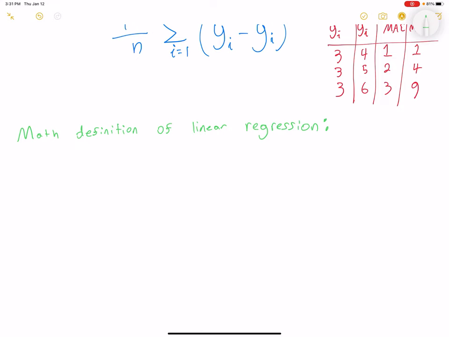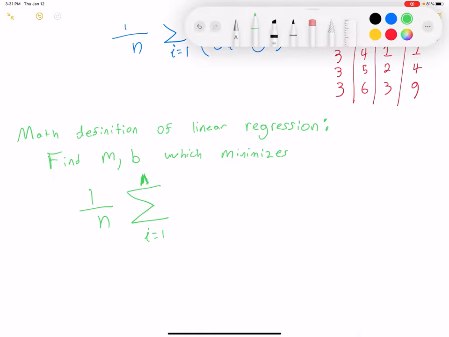So we find, and let's just go back to m and b, the m and the b which minimizes the average. So basically the MSE, so we're going to write MSE again. But now we're going to, wait, small n, let me rewrite that.